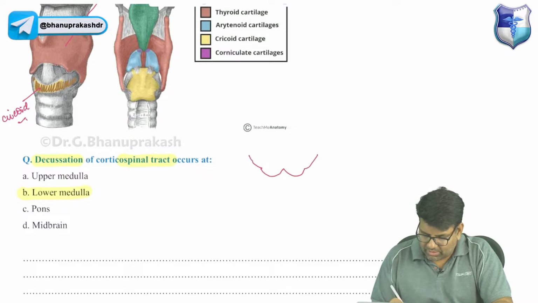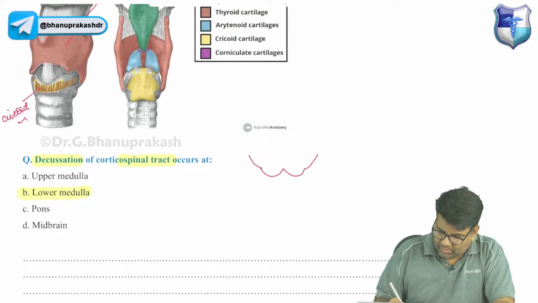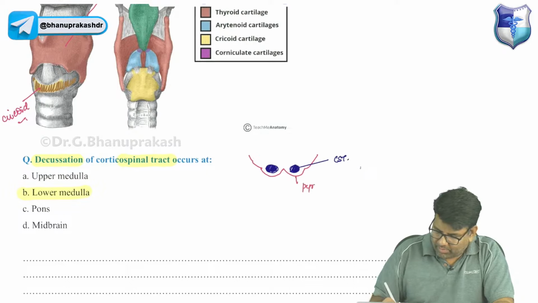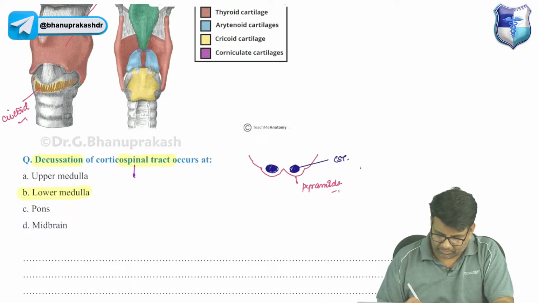These prominences are actually because of the corticospinal tracts, and these prominences are known as pyramids. So in many places you might hear the word pyramidal tract.